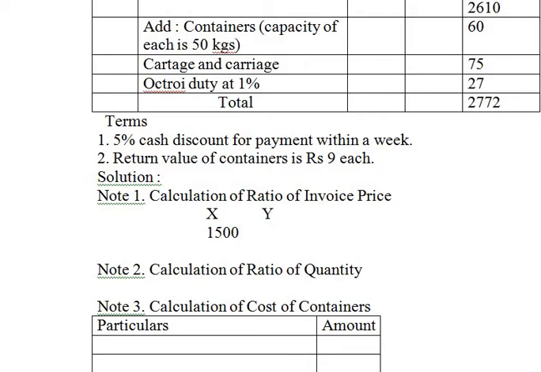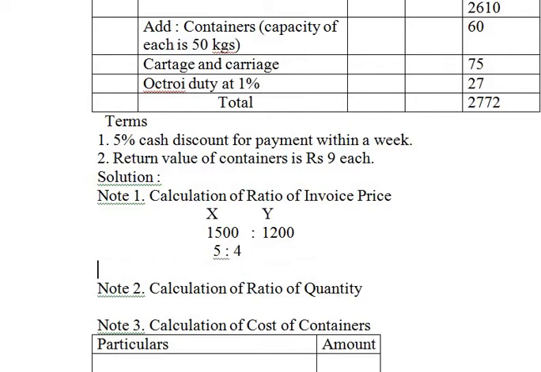For material Y, the invoice price is also given, go through the chart, that is 1200. Now find out the ratio: 1500 is to 1200, and the ratio is 5 is to 4. Hope everybody is understanding this.